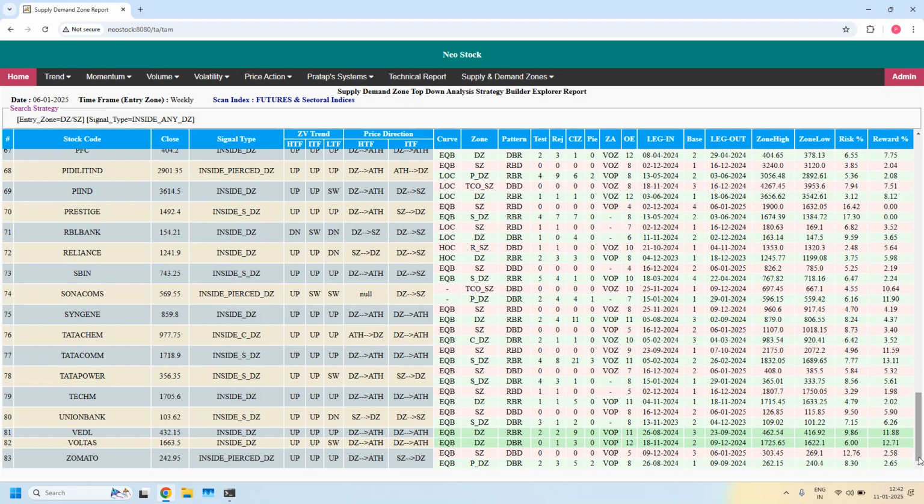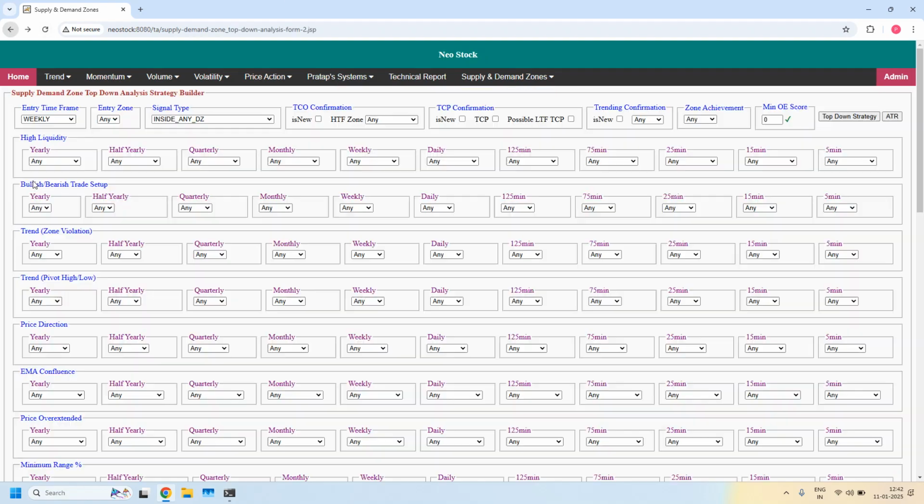Okay, we can further filter this list based on the trend. Weekly demand zones having weekly EMA confluence, and also the trend should be either up or down but not sideways. So in the EMA confluence, weekly time frame, weekly demand zones are having weekly EMA confluence, and the trend on weekly time frame should not be sideways. It can be up or down.